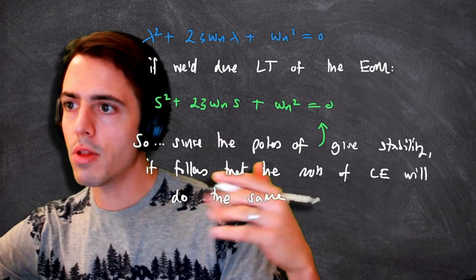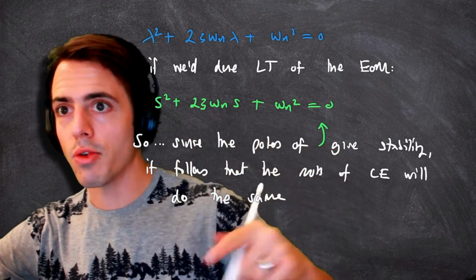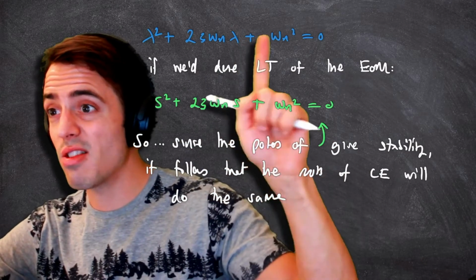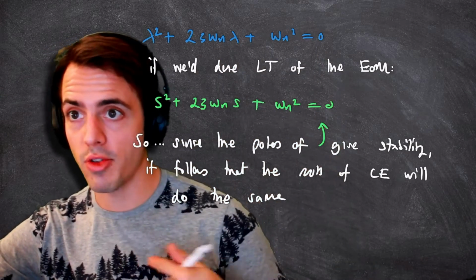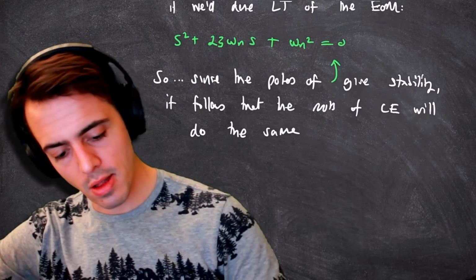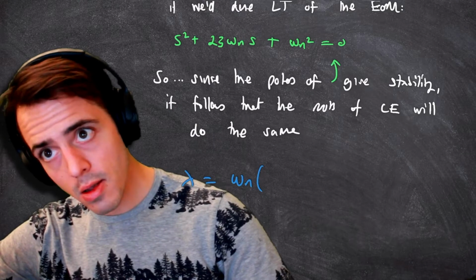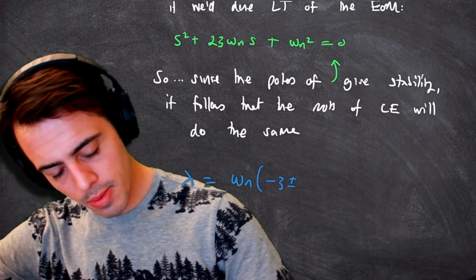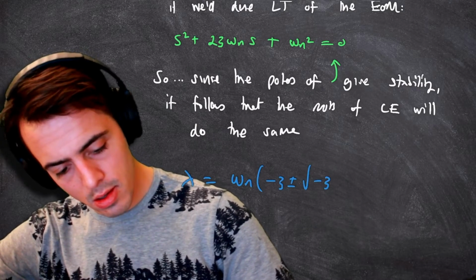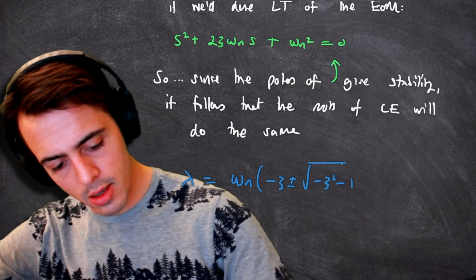And again, we've shown that the eigenvalues of this system are given by the roots of the characteristic equation. So we ended up showing that lambda is equal to omega n times minus zeta plus or minus the square root of zeta squared minus 1.